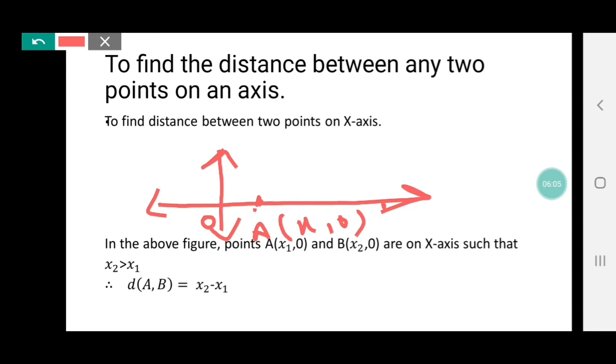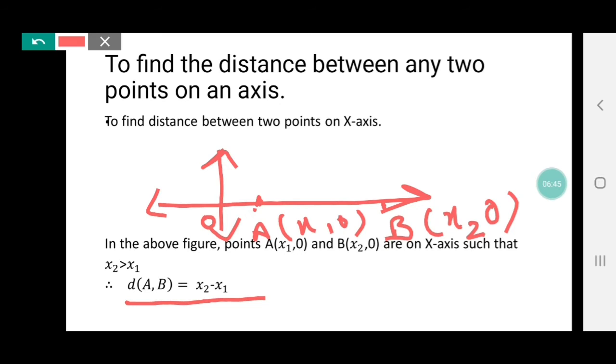Okay, and here it is point B. The coordinates of that point are (x2, 0). Now what do you observe over here? Whenever the points are on the x-axis, the y coordinate is 0. Okay, now the distance between any two points on the x-axis will be x2 minus x1. Okay, as x2 is bigger than x1, the distance between AB is x2 minus x1.